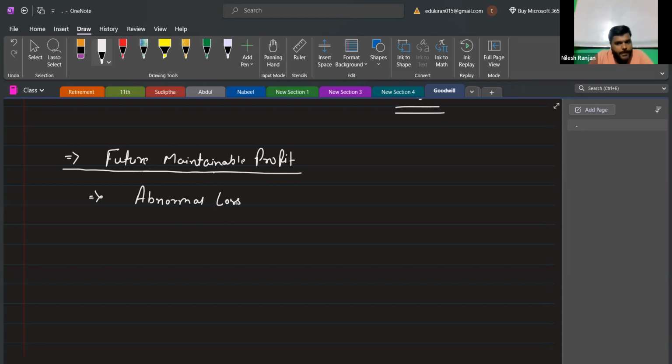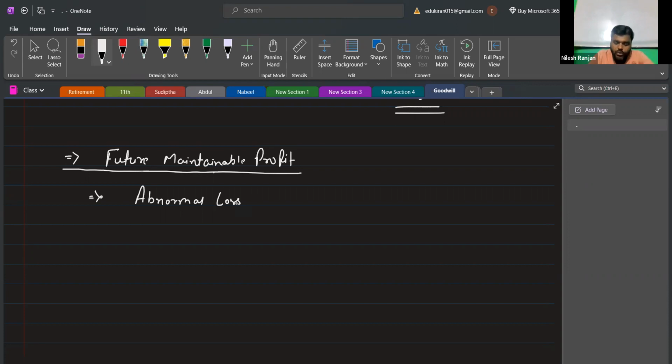Yes or no? Yes, sir. That's why we need to exclude these items, abnormal loss and abnormal income, and eliminate their effect. And we need to consider the future expected expenses or income.